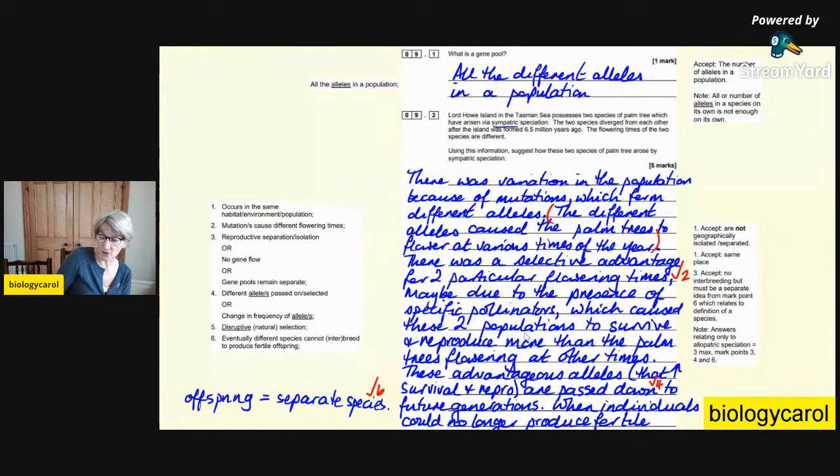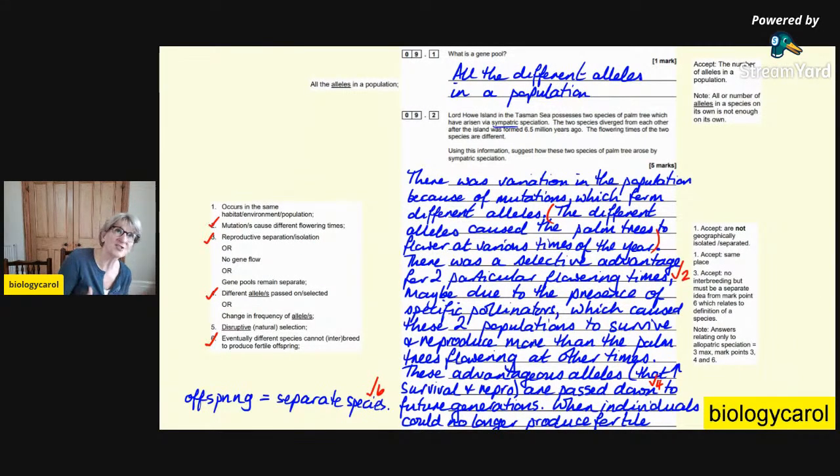But notice that this is a classic description of speciation. Of course, I didn't talk about isolation.